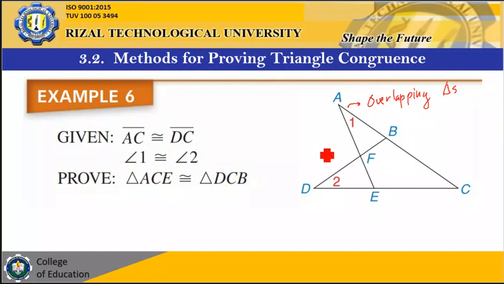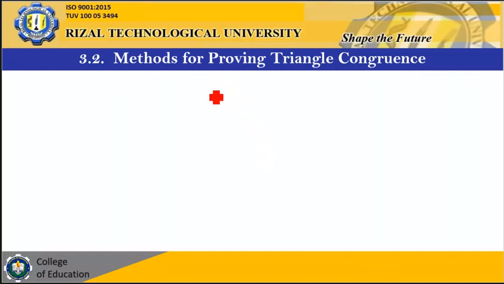Okay, so we have shown here that segment AC, the longer leg, is congruent to segment BC, and then angle 1 is congruent to angle 2. Okay, so let's prove that triangle ACE is congruent to triangle DCB. This one is actually easy.